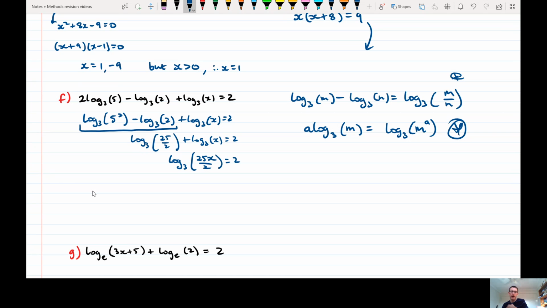And then we go back to what we've done before a number of times. We now write it as 25x over 2 equals 3 squared, which we know is 9. And then we multiply by 2, which gives you 18, divide by 25, gives you 18 over 25.